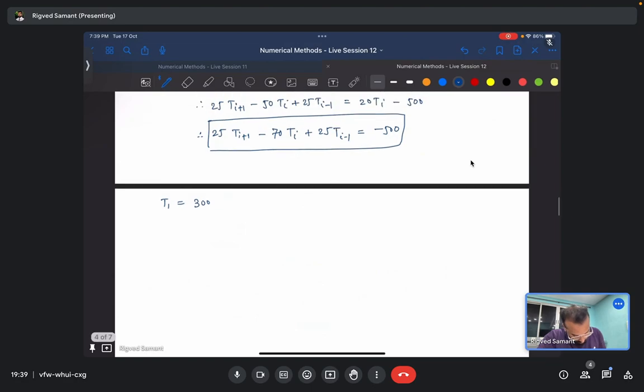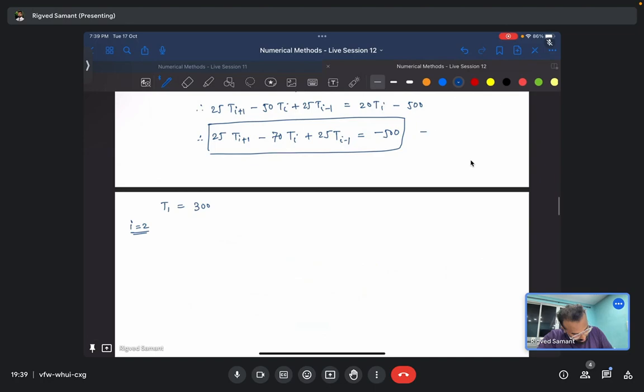Okay. Now i is equal to 2. What will it imply? 25 Ti plus 1, that is T3, minus 70 Ti, this is T2, plus 25 Ti minus 1, this is T1, is equal to minus 500.